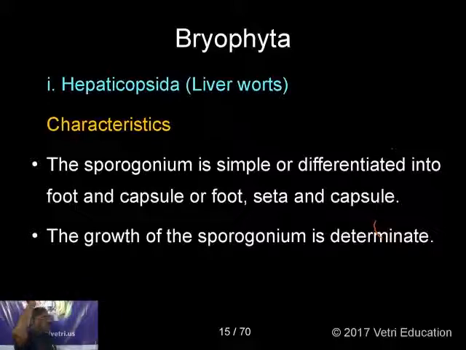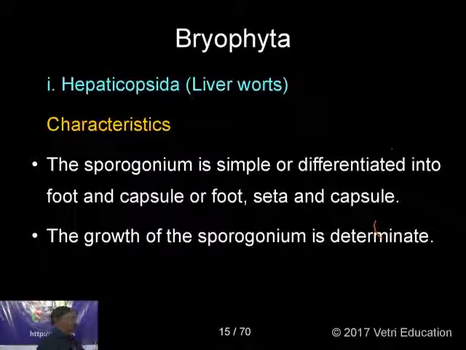So the sporangium is simple and differentiated into foot, capsule, etc. Look here. After the fusion, a diploid zygote is formed. That diploid zygote develops into the sporogonium, which is differentiated into foot, seta and capsule.